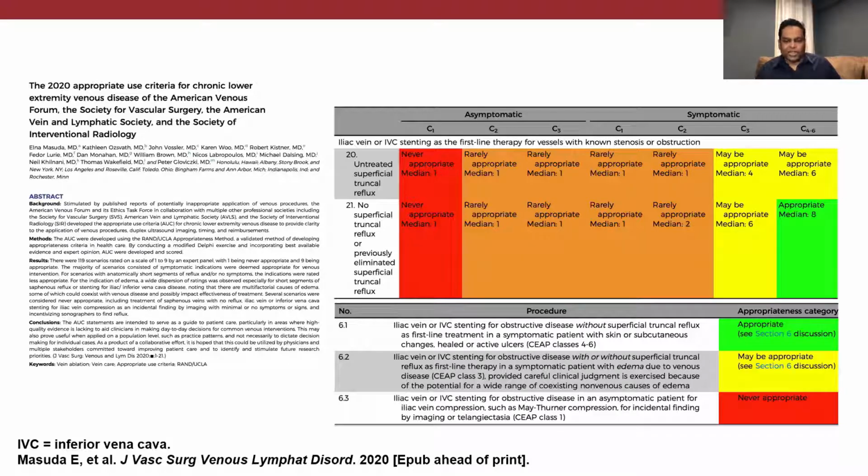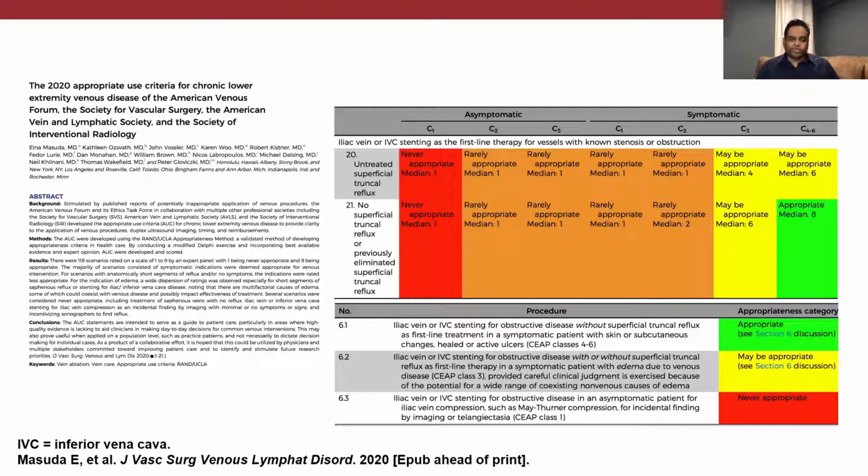When you look at these guidelines, iliac vein or IVC stenting for obstructive disease without superficial venous reflux as a first-line treatment is considered appropriate, but iliac vein stenting for obstructive disease with or without superficial venous disease in classes C3 and below may be appropriate, but again, care needs to be taken to make sure that there are no other concomitant disease states that can result in edema, etc. It is never appropriate to stent incidental May-Thurner compression in the presence of minimal symptoms, according to these guidelines.